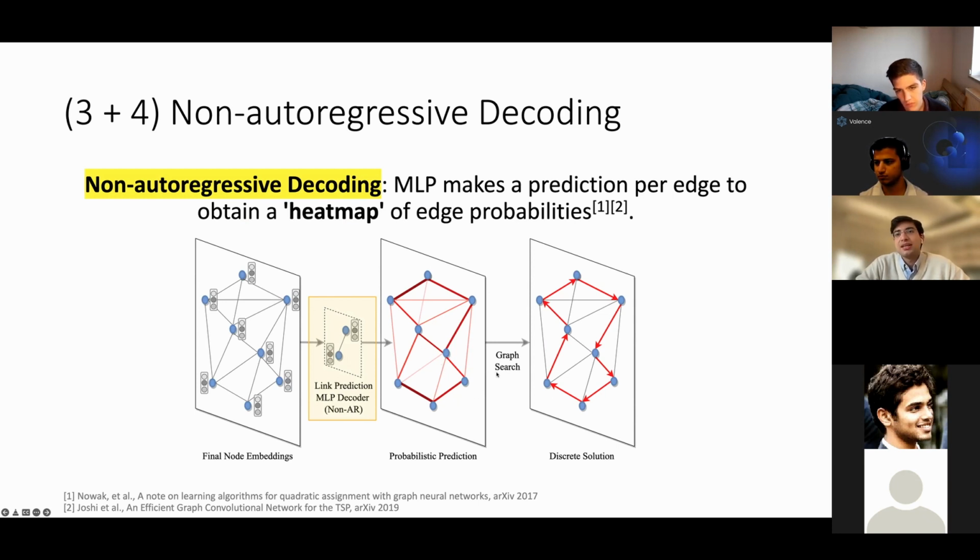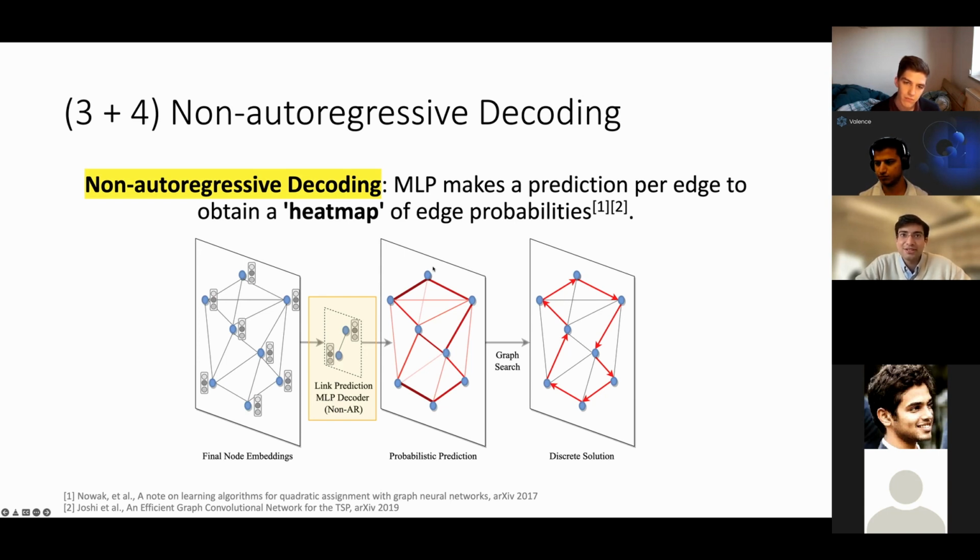algorithm. Usually you can do greedy search, for example, where you randomly start somewhere and then you pick the highest probability edge, you go to the next node, then you pick the highest probability edge there and you go to the next node, and so on. Or you could do something that we do in natural language processing, which is beam search. Beam search is a bit like greedy search, but you're maintaining multiple solutions.